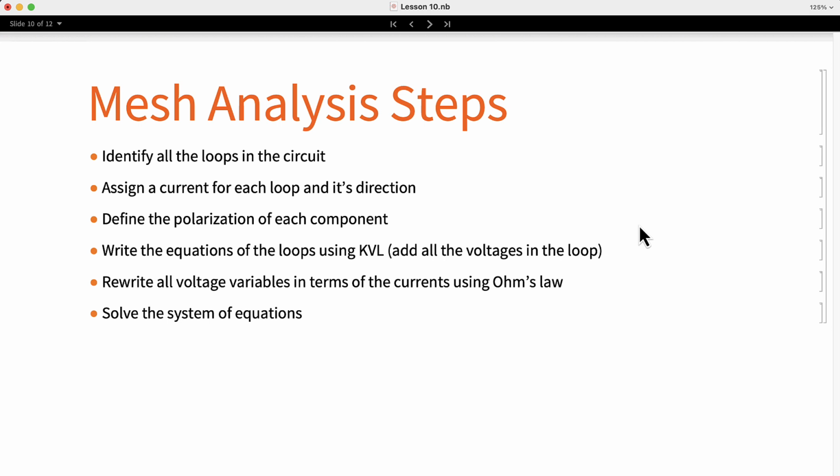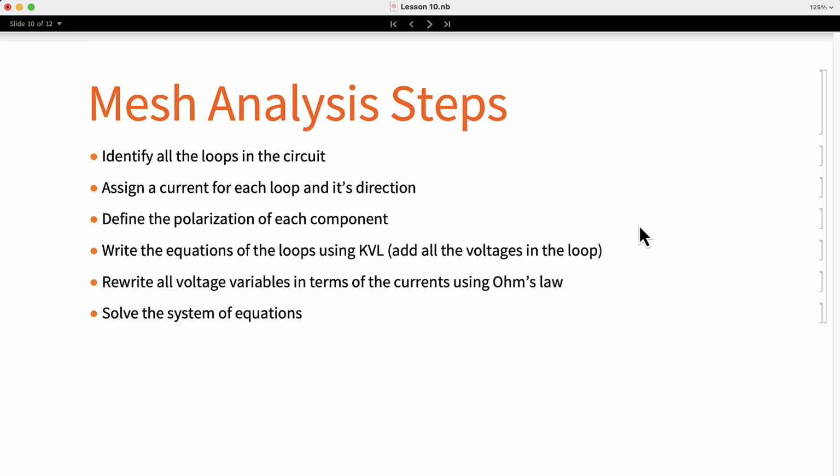Here is a summary of the steps necessary in order to perform the mesh analysis. First, we need to identify all the loops in the circuit. Once we have the loops, we assign a current for each loop, and we define the direction that we want the current to flow. After that, we define the polarization of each component, so we say which one is going to be the positive pin and which one is going to be the negative one.